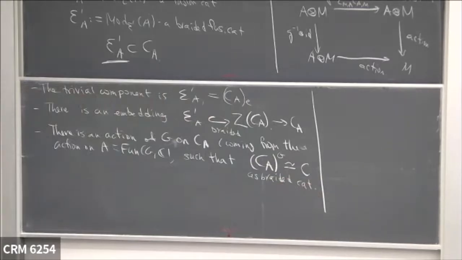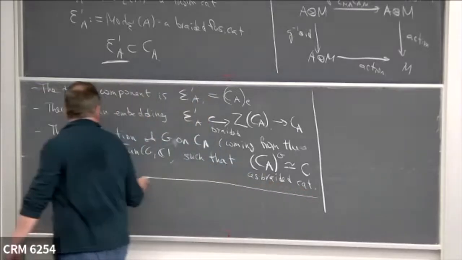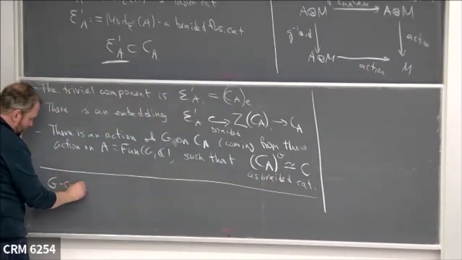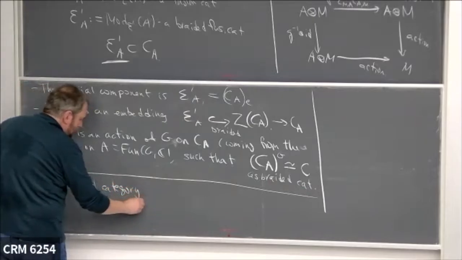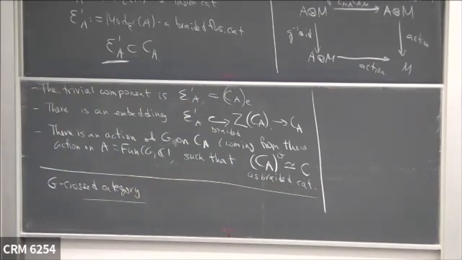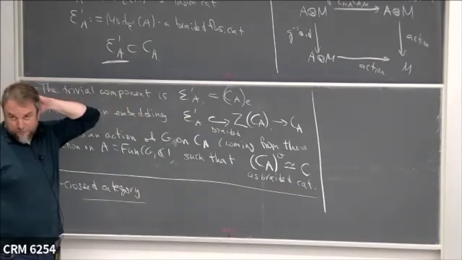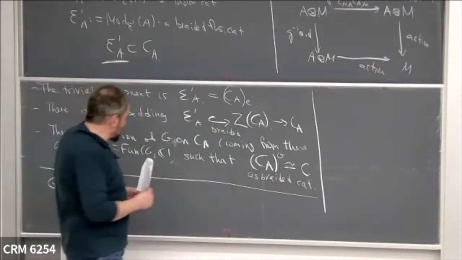Sometimes you would see in the literature the notion of a G-crossed category, and it's a long definition which I'm not going to give. But what I try to do is to unfold this definition in the simplest possible terms. Now, what is perhaps not so straightforward here is the following.